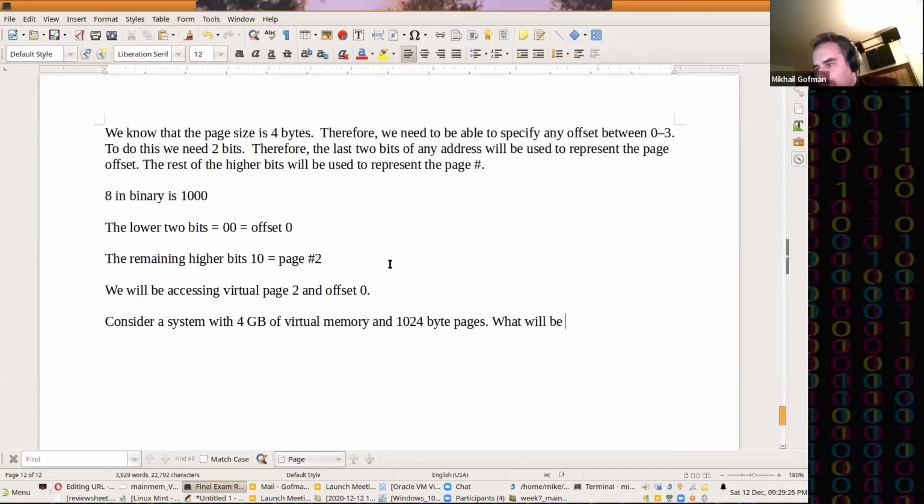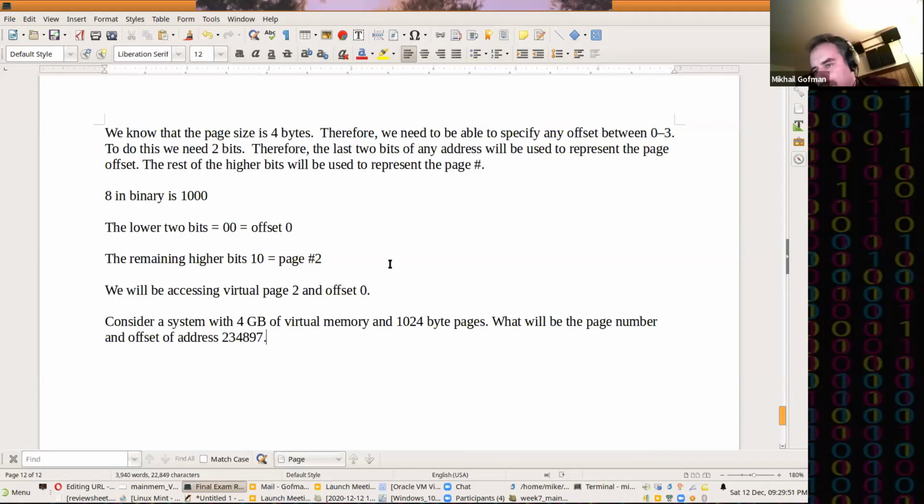What will be the page number and offset of this address? Okay, I literally just randomly hit my keyboard to get that.